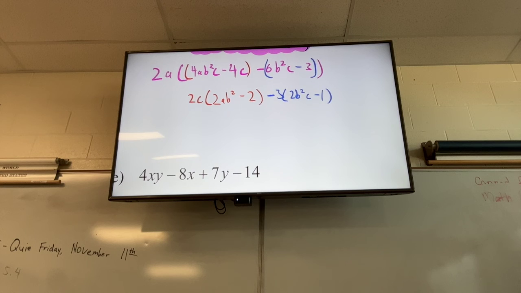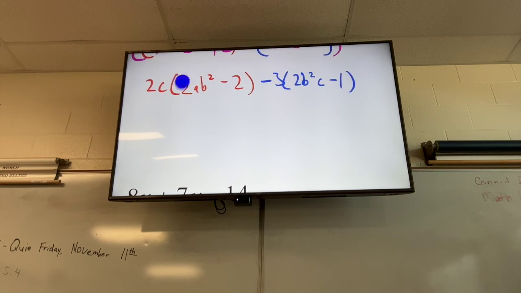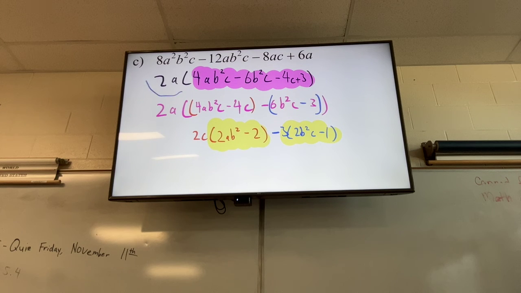Okay, cool. So I tried grouping, but these 2 don't match. The guys I just highlighted don't match. So I can't actually factor by grouping. So this is my answer. Are you supposed to try and do that every time?